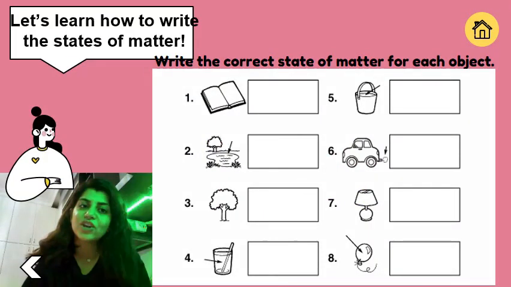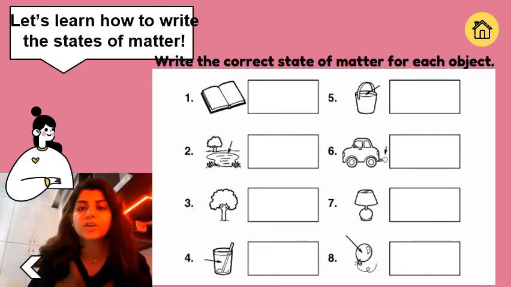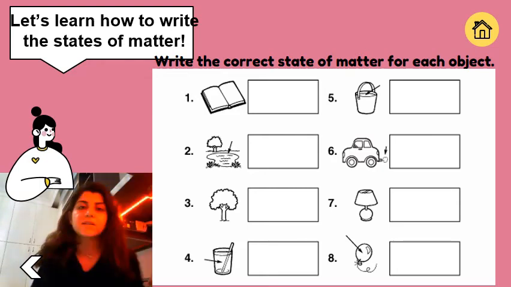Now we have to learn how to write the 3 states of matter, okay? We have to look at each object and write the correct state of matter. Number 1, what can you see? I can see a book. Is it solid, liquid, or gas? What do you think? If it's a solid, then you have to know how to write the word solid alone.